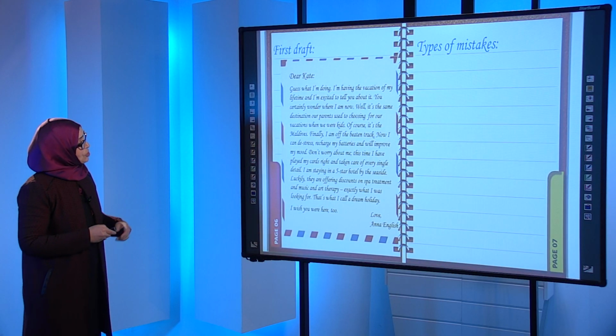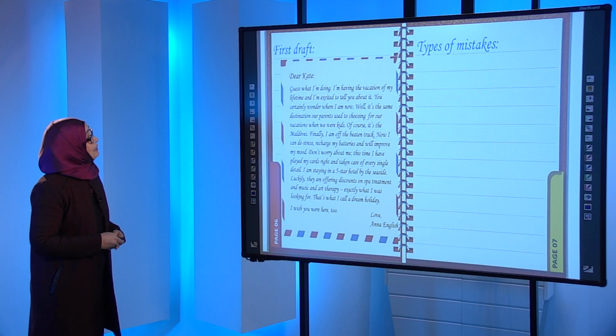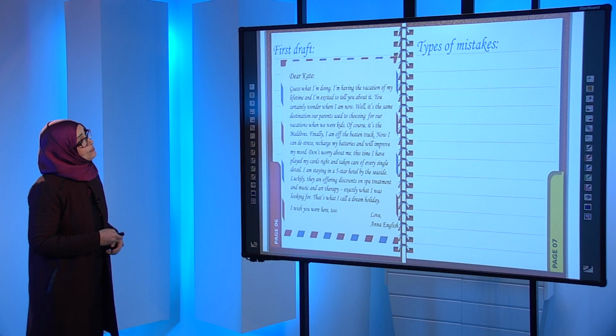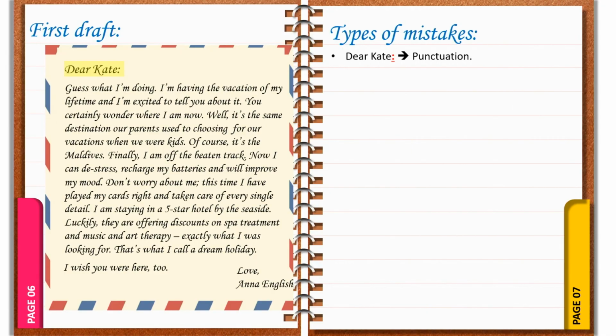Now let's check or proofread Anna's postcard and see if it contains any mistakes. Dear Kate, here Anna made a punctuation mistake. So it shouldn't be a colon, it should be a comma. So, dear Kate, comma.